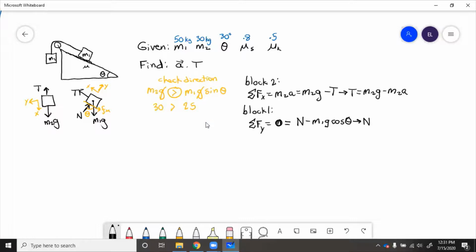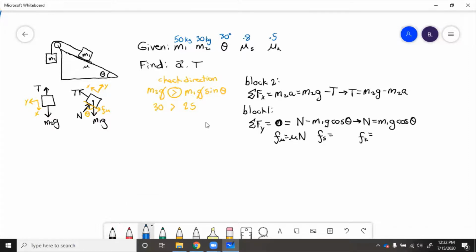So N equals m1g cos theta. And we know that the friction force equals mu times the normal force. So we can get static and kinetic.